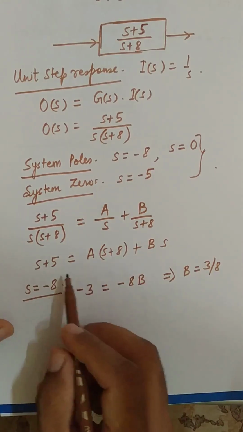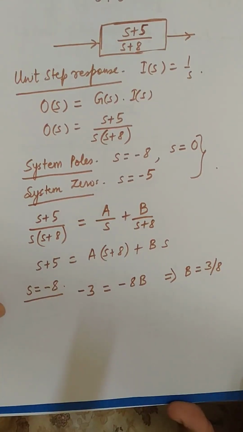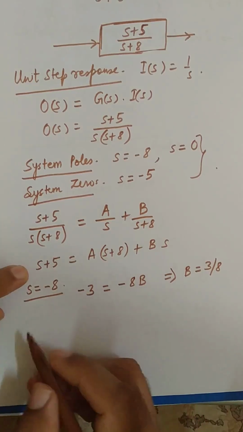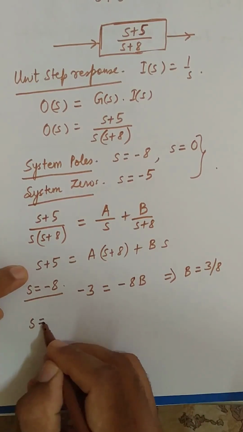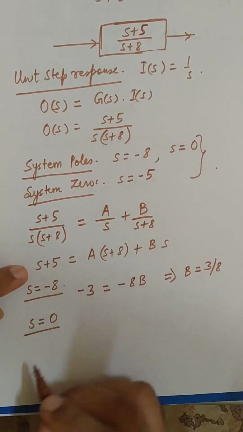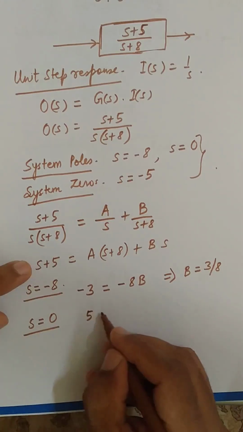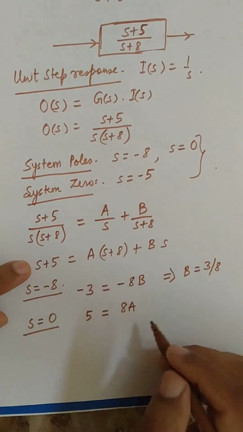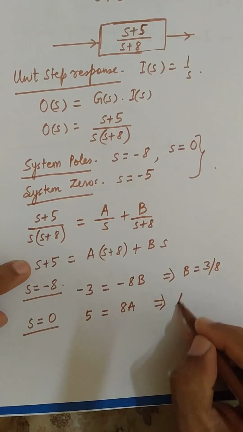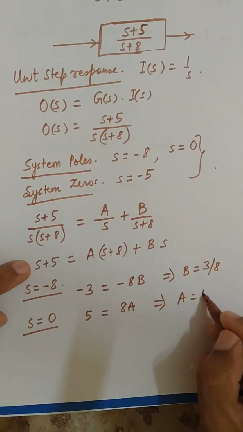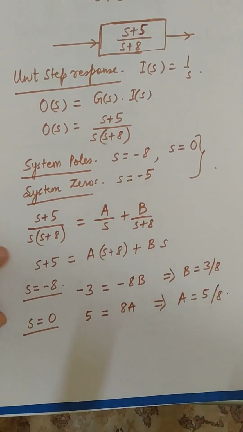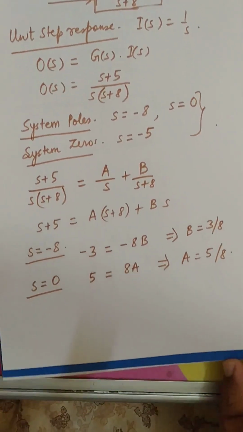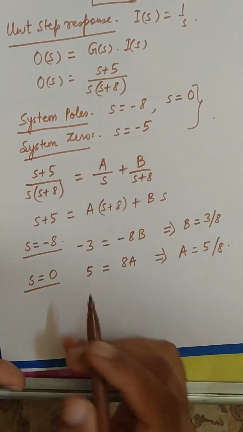Again, the same logic, if this has to be valid for all values of s, it should also be valid for s equal to 0. So what happens? 5 should be equal to 8A, and this goes to 0, which implies A is equal to 5 by 8. I hope my algebra is correct.